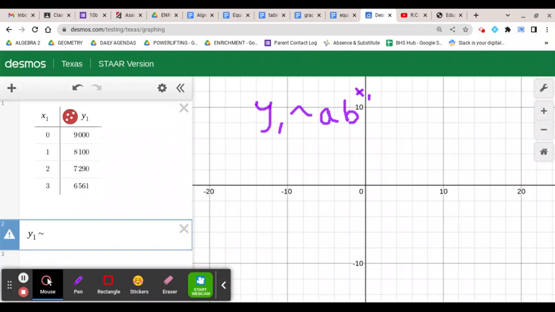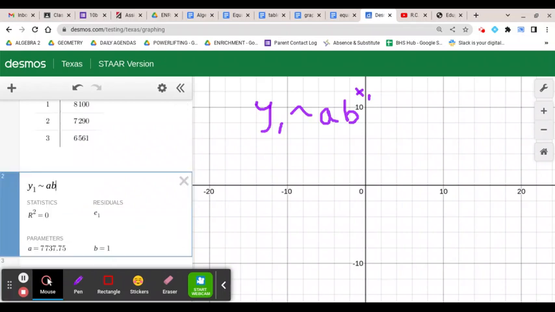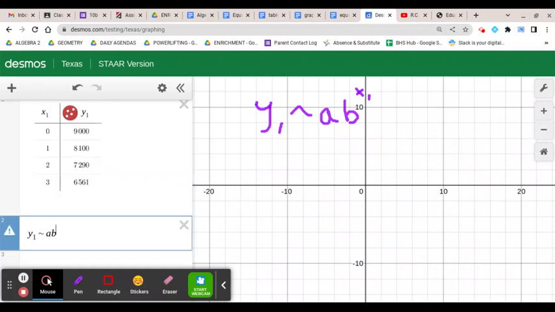Then it's going to be A, B. Just type Y and 1. And it's going to be AB to the exponent of X1.